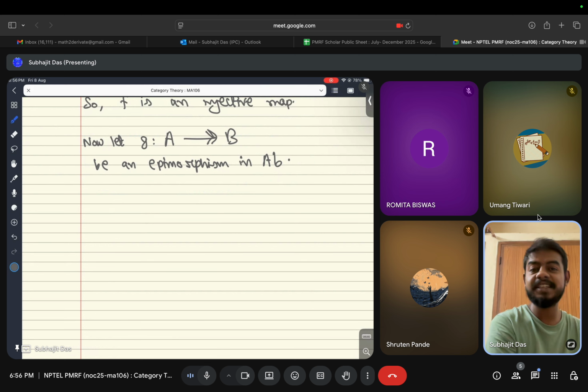We need to show that G is surjective. How do you show this? The idea is to use the exact same idea as you do for sets to show that epimorphisms in the category of sets are exactly surjections. You have to use the same kind of idea here as well. So what should the idea be?